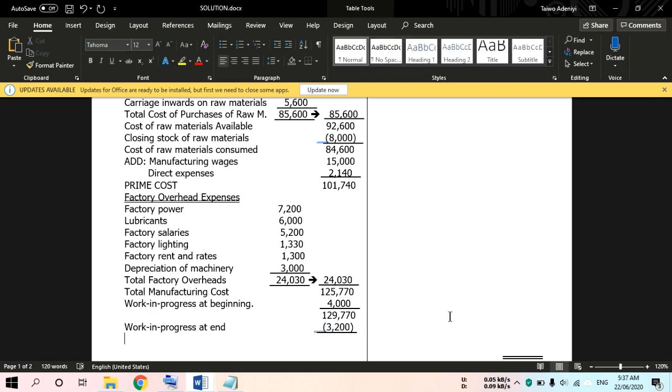So we get the difference, and that would be the cost of goods produced or manufactured. Cost of goods produced, minus 3,200, is 126,570 naira.